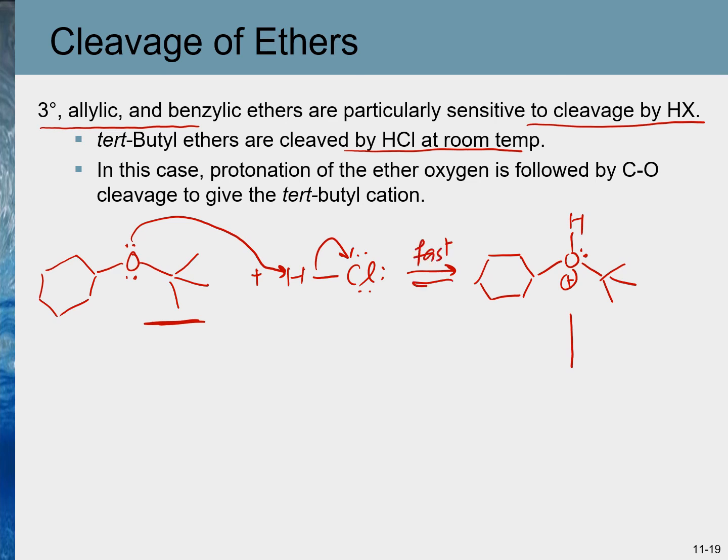The formation of protonated ether will be followed by a slow loss of leaving group step, and in this step the alcohol molecule will leave, and it will result in formation of a carbocation and an alcohol.